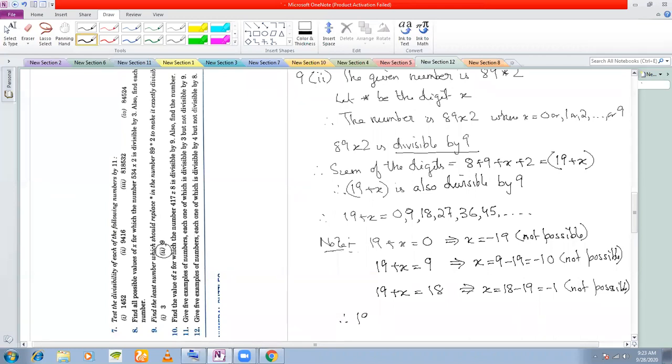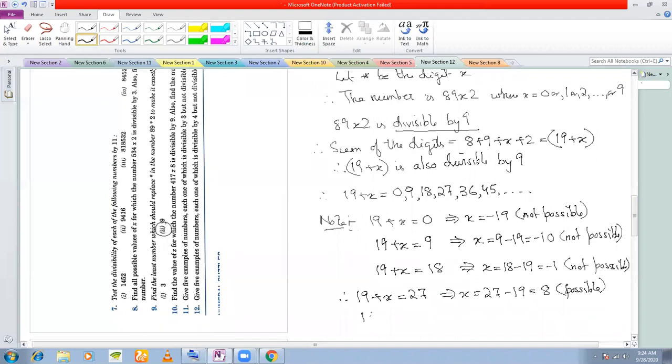So therefore, 19 plus x is equal to 27. This will give me 27 minus 19, which is 8, which is possible. In fact, if you take 19 plus x is equal to 36, then you get x is equal to 36 minus 19, it's 17, which is also not possible. So the only possible value of x here is 8.